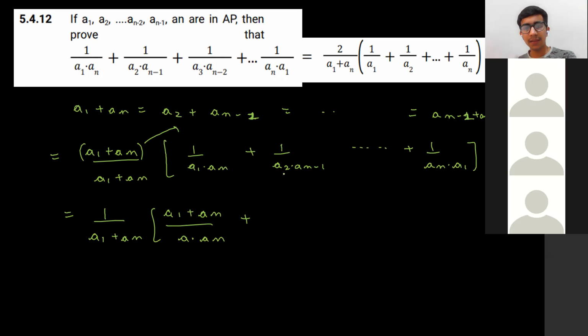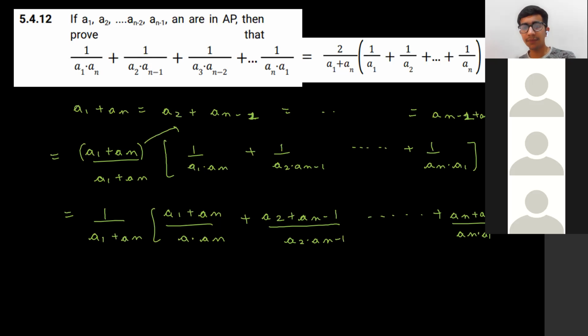So since it is a combination of a2 and an minus 1, I can write this as a2 plus an minus 1 divided by a2 times an minus 1. And so on, it goes till an plus a1 divided by an times a1.